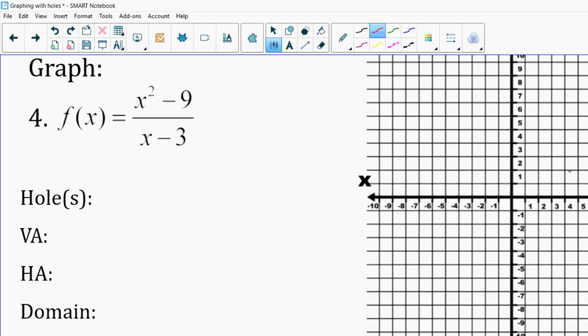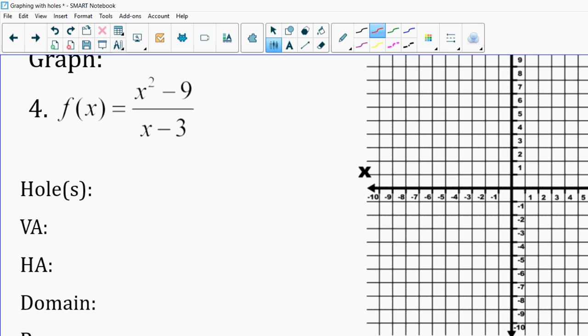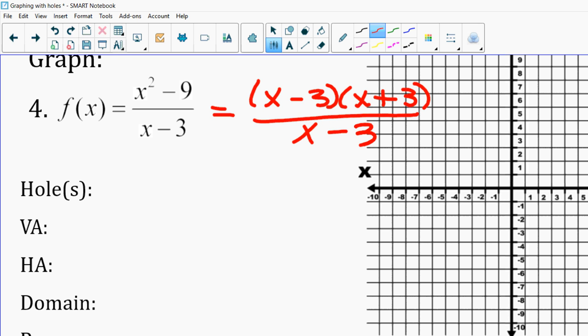What I want you to do, factor. Go. How did your numerator factor? Good. X minus 3 factors out, cancels out. What are you left with? Wait a minute. That's great.